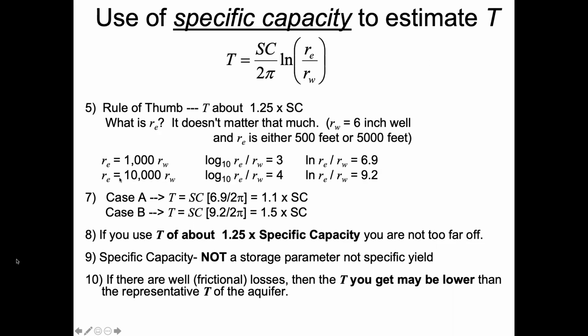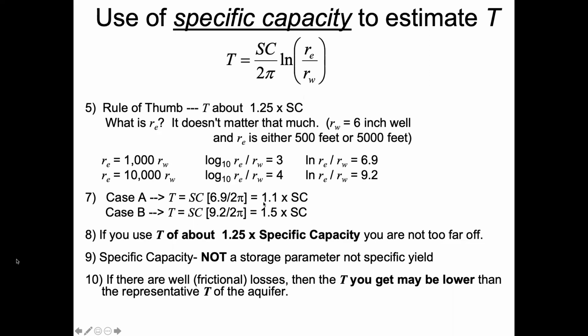And if we were to take, right, basically either the log or the natural log, we would end up with values of 6.9 or 9.2, right? So this value here would represent if we were using just 500 feet, and this value here would represent if we're using 5,000 feet.